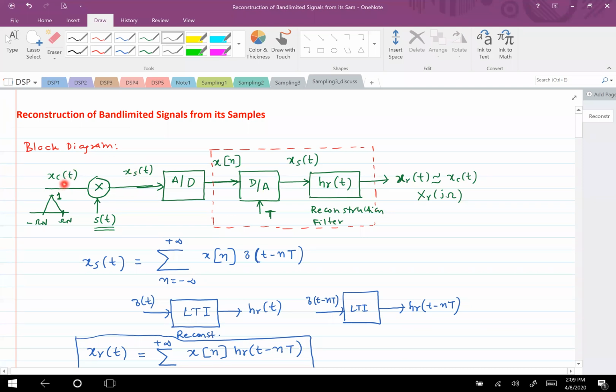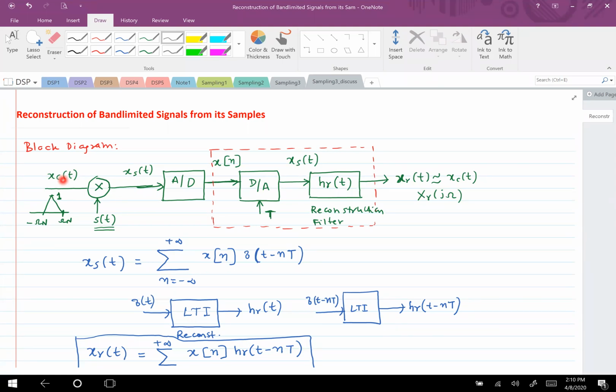Before that, we saw the relationship between the CTFT of xs of t and the CTFT of xc of t. With these two relations in place, we have established the relationship between the DTFT of x of n and the CTFT of xc of t. That's what we did in the first two video lectures. Hope you are fine so far.